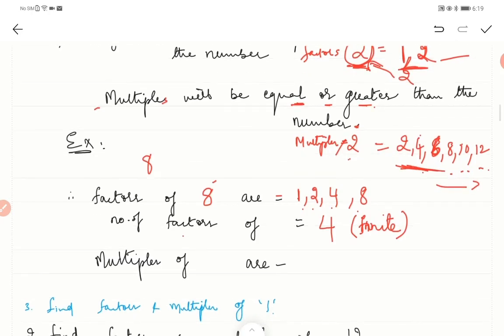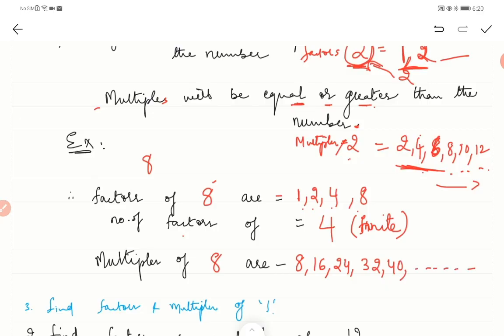Now let's see what about the multiples of 8. Just remember your table and write the table numbers. 8 ones are 8, 8 twos are 16, 8 threes are 24, 8 fours are 32, 8 fives are 40, and so on.